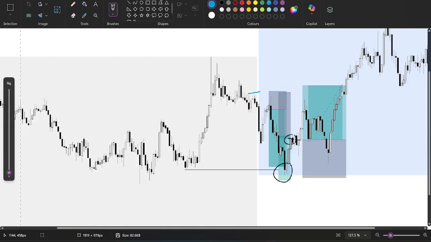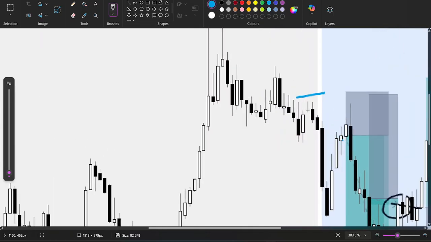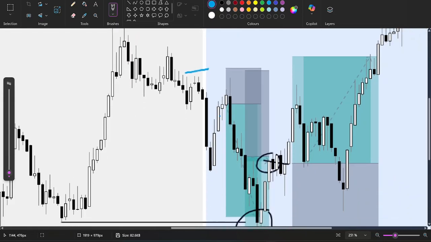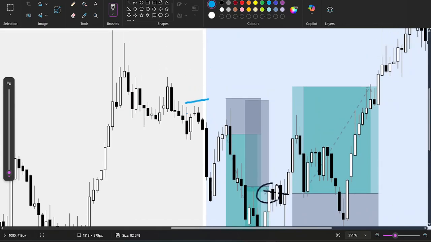I entered because of a spinning top formation, because a spinning top balance formation with down force means I want to enter short, and so I did.